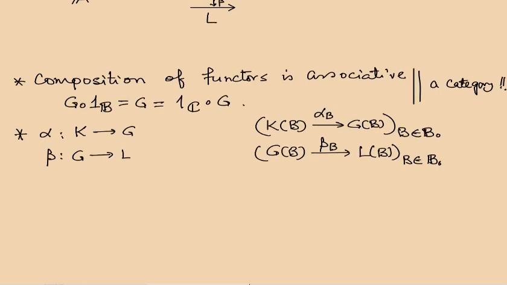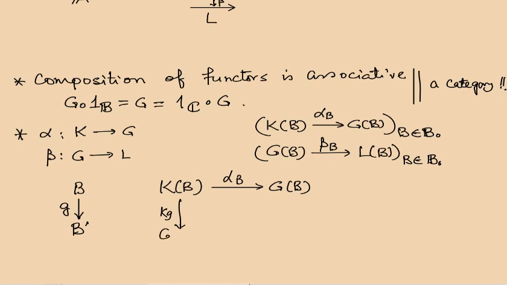And if the B changed to, say, B prime by something like this, well, for this part you were sure, K of B prime. This diagram commuted because alpha is a natural transformation. Yes, this is alpha B prime.